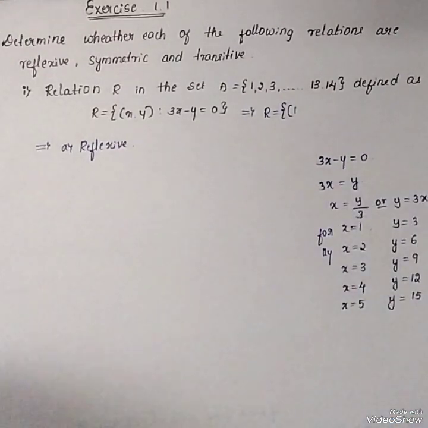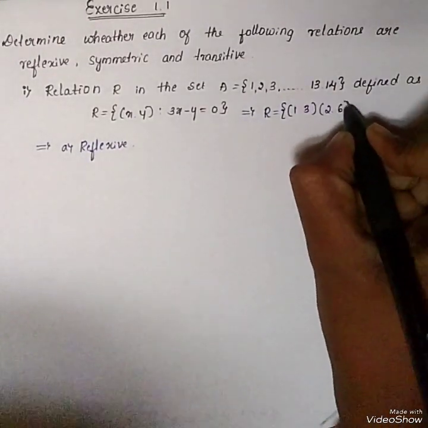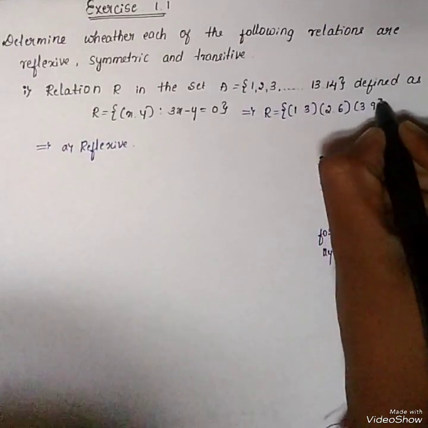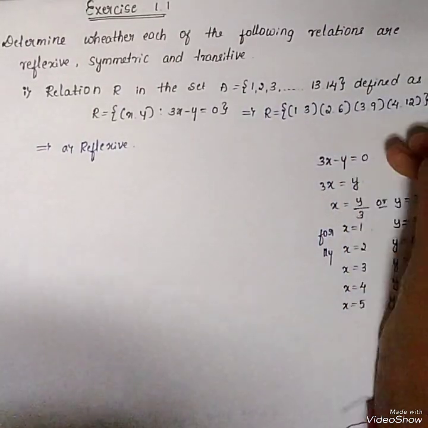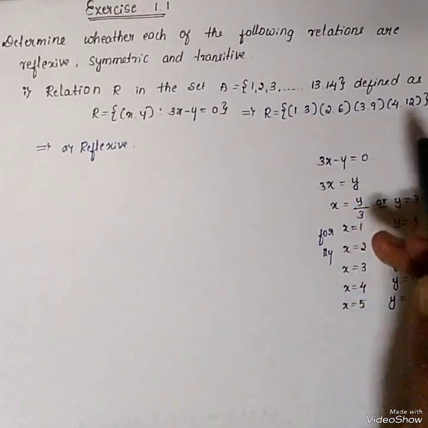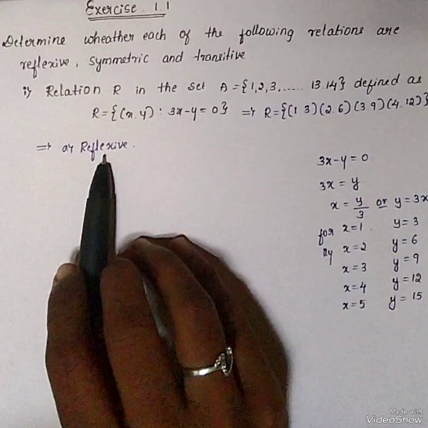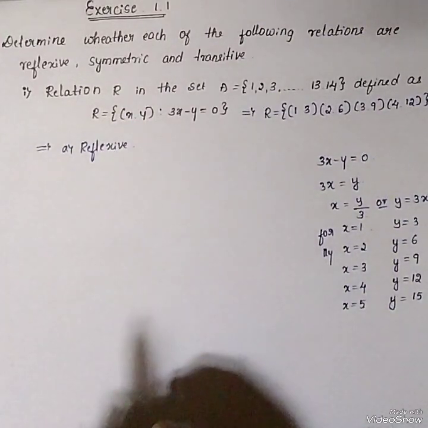Now, we write the relation: (1, 3), (2, 6), (3, 9) and (4, 12). These are the ordered pairs of the relation. For these ordered pairs, we have to check the reflexive, symmetric and transitive conditions.